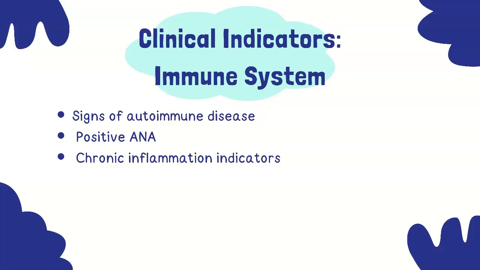Laboratory findings like a positive ANA, anti-nuclear antibody. Oh, I said I wasn't going to define these abbreviations for you. This supports a diagnosis of systemic autoimmune disorders. Elevated inflammatory markers such as CRP, which is C reactive protein, and ESR, erythrocyte sedimentation rate, reflect systemic inflammation.